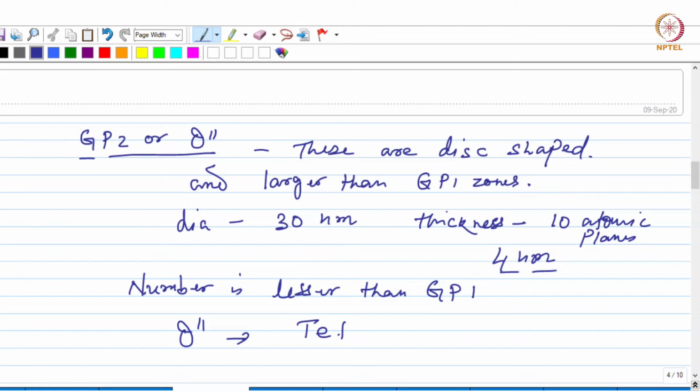And this is tetragonal in terms of the crystal structure, with lattice parameter a close to that of aluminium, that is 4.05 angstrom, and c equal to 0.77 nanometer.